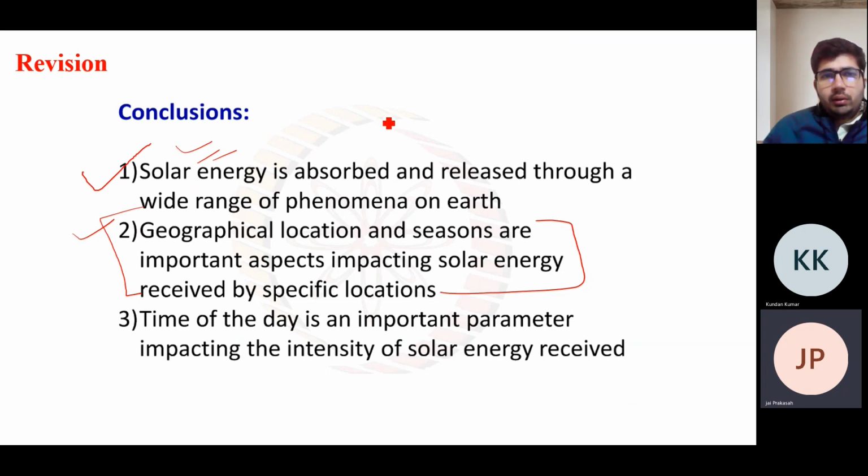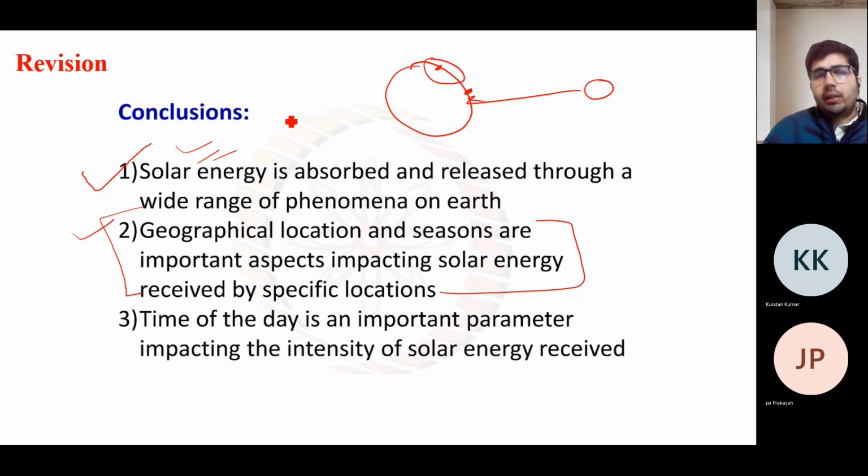Like this is the Earth, so the area at this location will receive more heat from the sun as compared to the area here. Because if you consider equivalent light, the area for that is more as compared to this location.